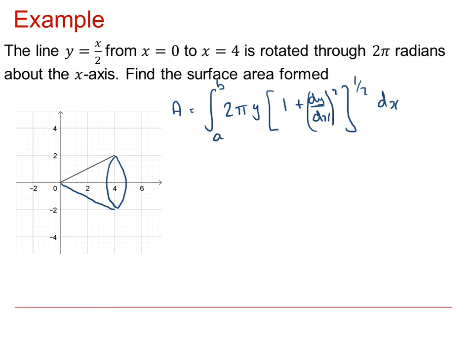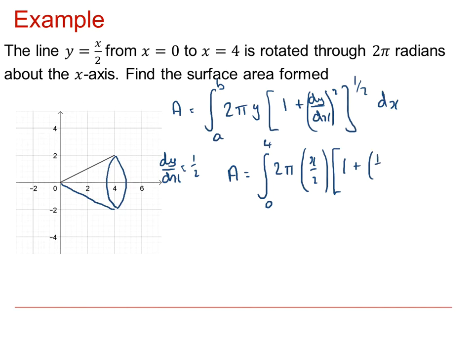So we need to find expressions to substitute in. y we know is x over 2, so therefore dy by dx is equal to a half, and on substitution the area will be equal to the integral from x equal to 0 up to 4 of 2 pi times x over 2, and then inside the square root 1 plus 1 half squared.